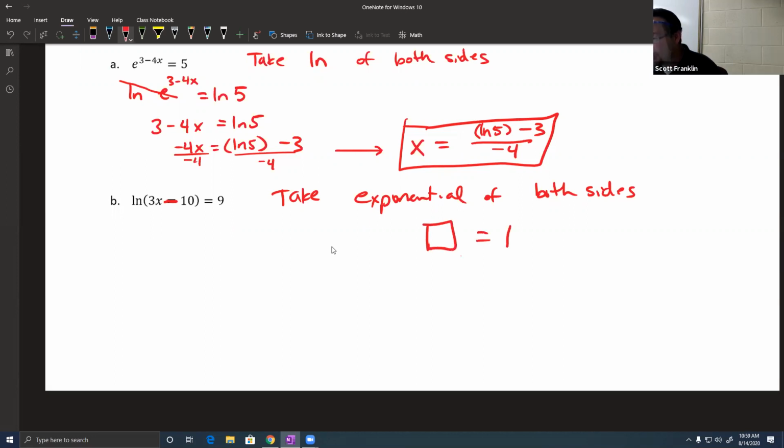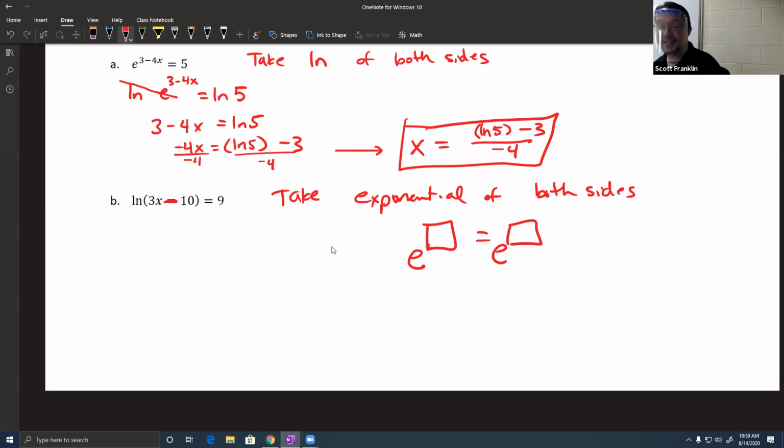Like if you have this equals this, to take an exponential means to raise both sides into the exponent. Okay? Now, what's the base of the natural log? It's not 10. If it was log, that's the common log, that's 10. So if it's the ln, or the natural log, it's the base e, that e number. So what I'm going to do is e to both sides power, right?